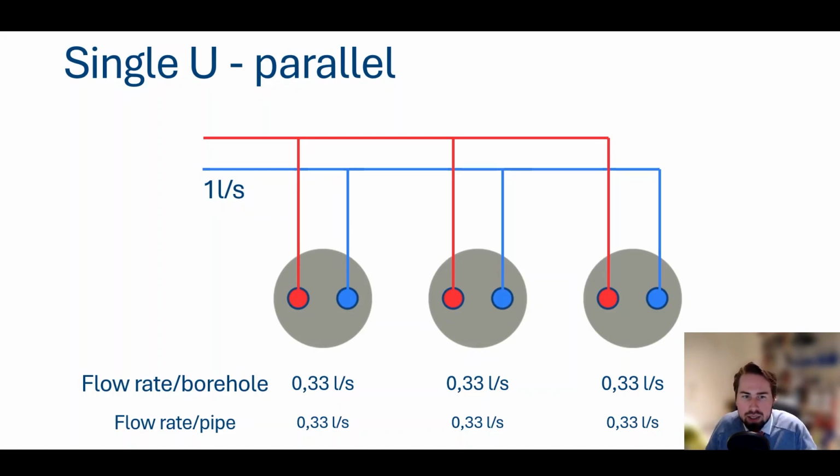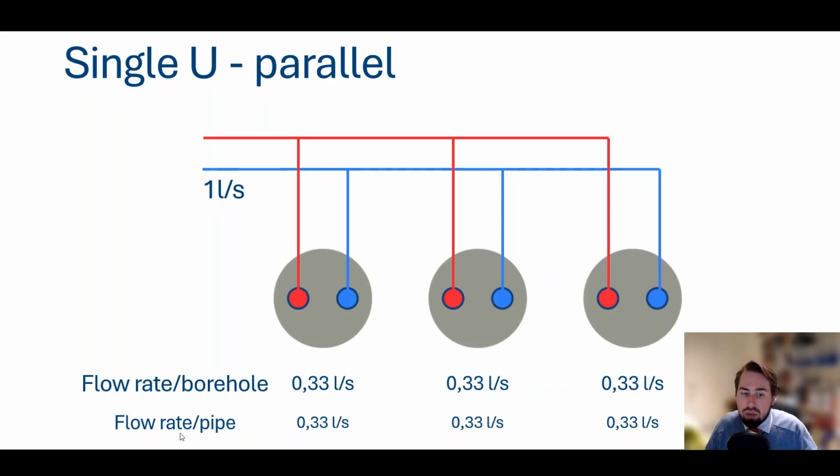Well, for the parallel case, we know that this mass flow rate is divided equally amongst those 3 boreholes. So we know that every borehole receives a third. So that's what you will be entering into GHEtool Cloud.